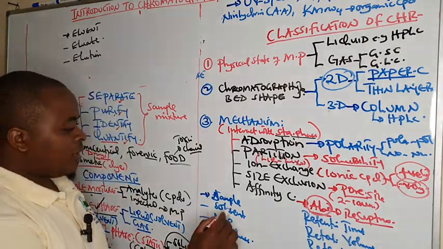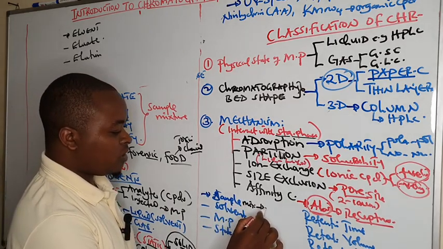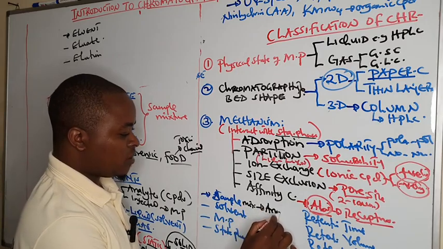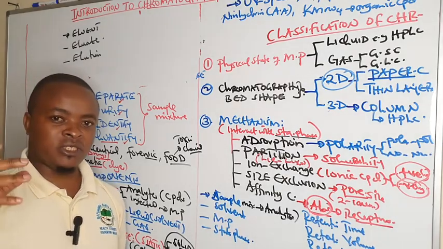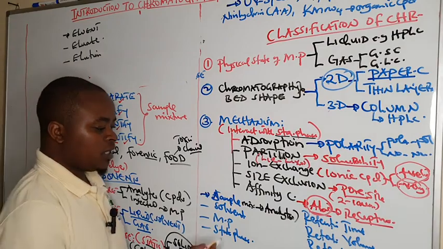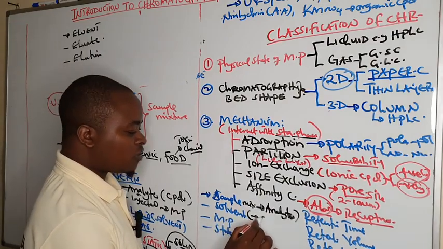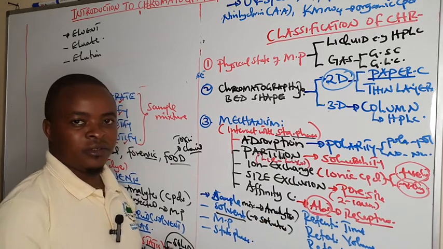So what is a sample mixture? A sample mixture is the one containing different analytes to be separated and identified, which is always injected or added to the mobile phase. Then solvent, this is used to dissolve solutes, and it is majorly a liquid.